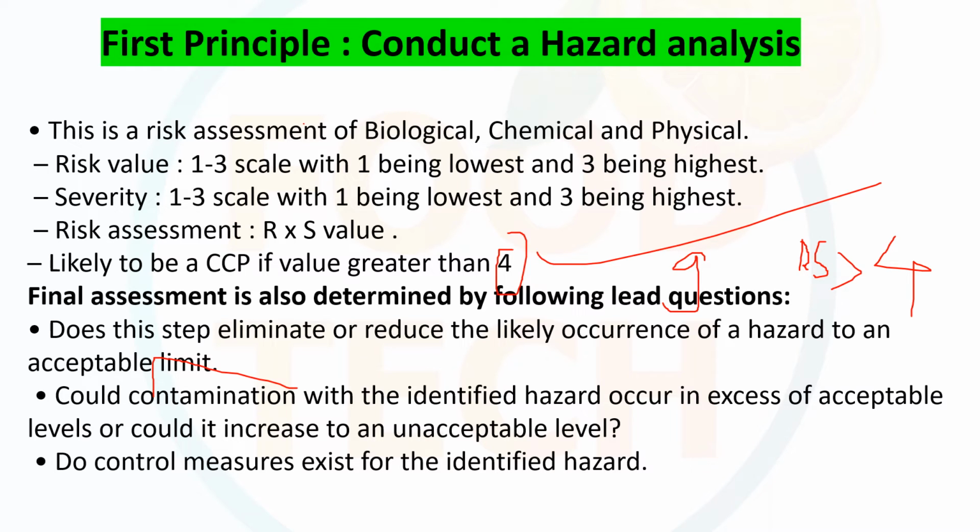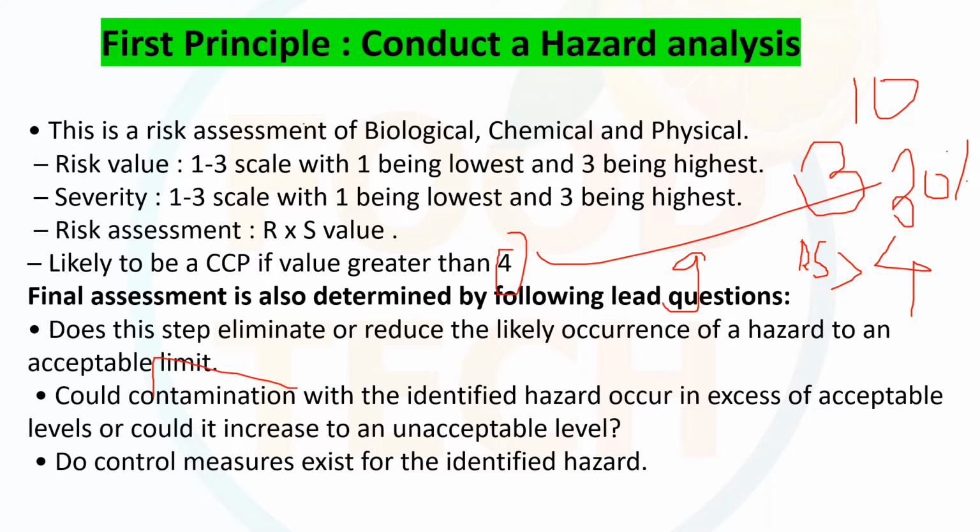If we take grains, and the grains are contaminated or adulterated with stones, what will be the acceptable level? I'm just giving an example, it's not real. If we take 10 grains and the number of stones present is 3, it is 30%. So there are 30% stones present in the grains.